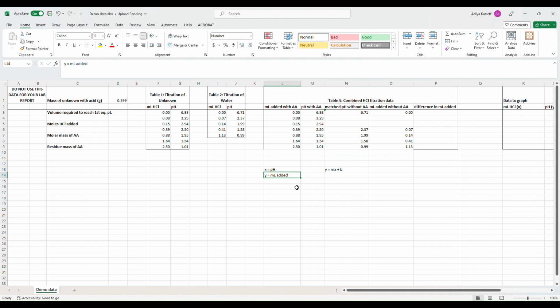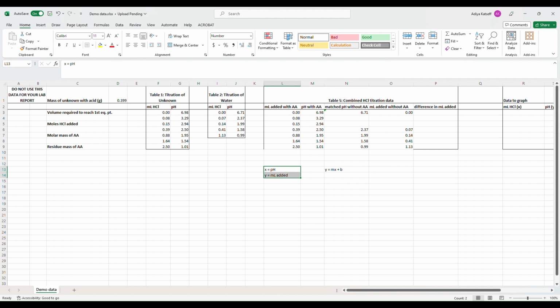You could also solve it where x and y are the opposite, where x is mLs and y is pH. Just make sure that you flip everything around appropriately as well. I also want to add that this is the opposite of the way you're going to actually graph out your titration curve.